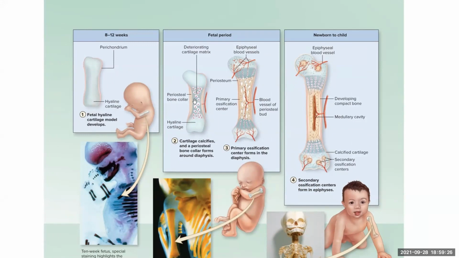The osteoblasts start to secrete the osteoid on the old calcified cartilage matrix. And we start to get the formation of our periosteal bone collar. Now, again, this is all happening when you're still a baby, when you're a fetus inside of mommy. So this is going on before you're even born. All right, that's step 2.